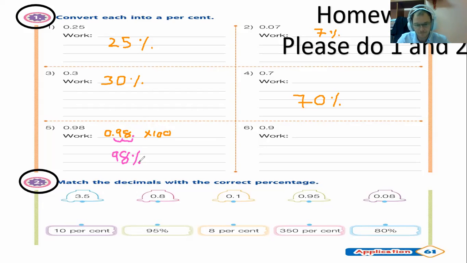And the last one, 0.9, multiply by 100. Remember, first we have to move the decimal point 1, 2. Add the 0 and then the decimal point. This will equal 90%.